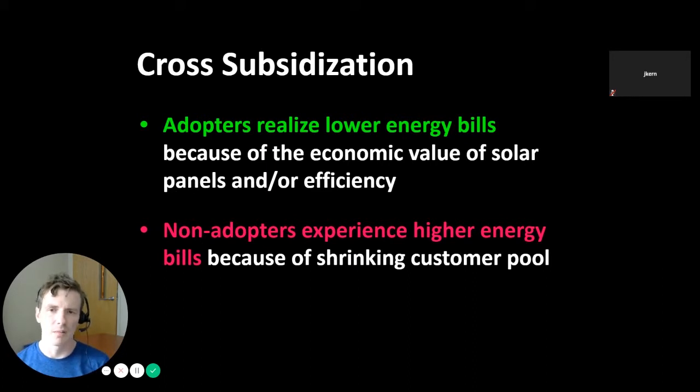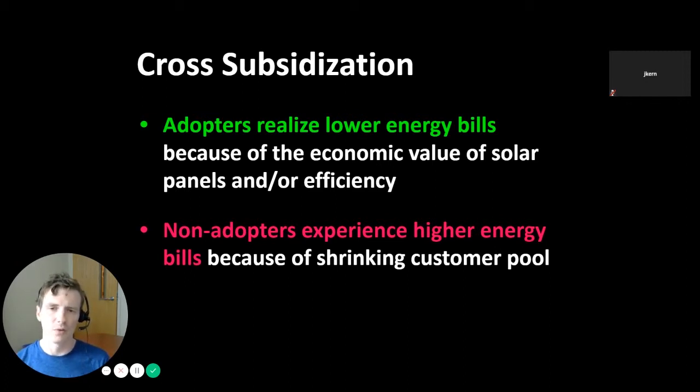At the same time, the non-adopters, so the people that stay in the utility's customer pool, experience higher energy bills, right? Because the utilities are experiencing lower profits because they're losing demand, in some cases losing customers, and in response, they increase prices on the rest of the retail customers in order to make up for that loss of demand and loss of revenues.